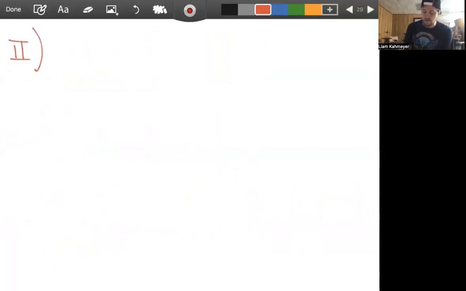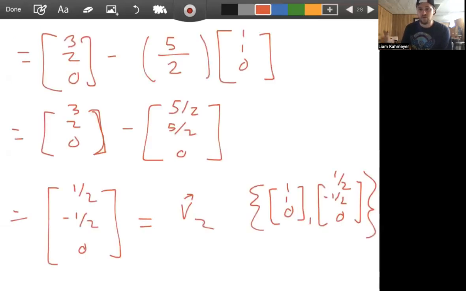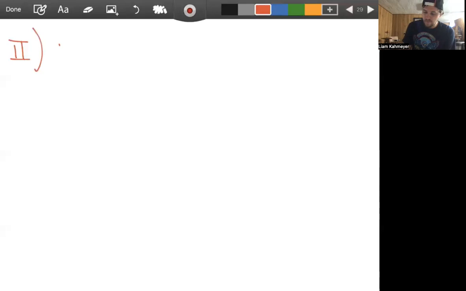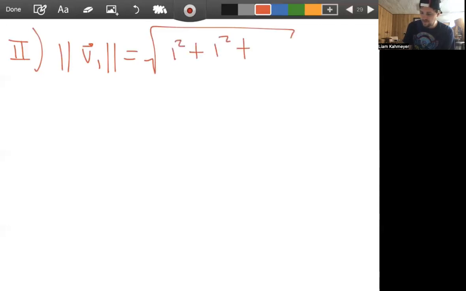Well, step 2 of the Gram-Schmidt process is to take each of these vectors and scale it by 1 over the magnitude. So let's find the magnitude of V1. Well, that's root of 1 squared plus 1 squared plus 0 squared, which is root 2.